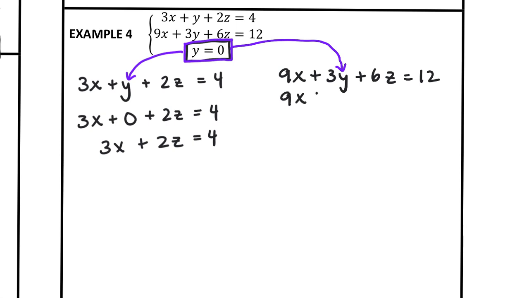So I have 9x plus 3 times 0 plus 6z equals 12. 3 times 0 cancels. So I'm just going to bring down the 9x, bring down the positive 6z equals 12.